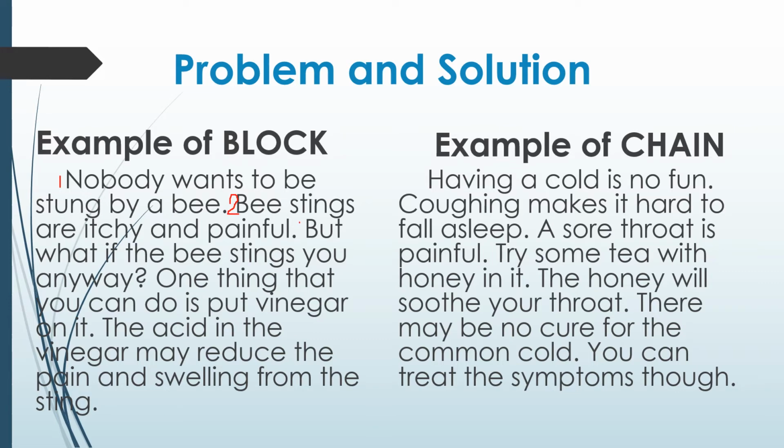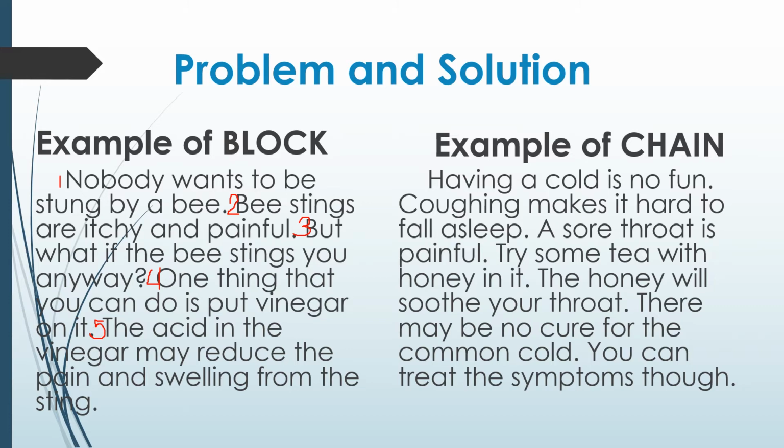The third one is the transition sentence. This sentence, the fourth one, is the solution to the problem. And the last sentence is the concluding sentence. We see here that the problem is that bee stings are itchy and painful, and the solution to it is to put vinegar on the sting.